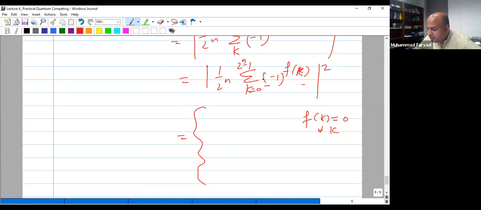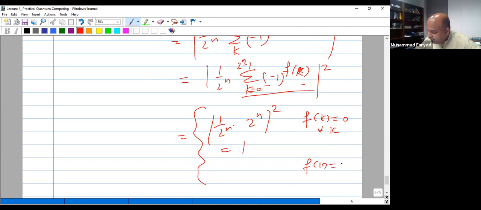So this 1 summed over 2^n times will give us 2^n. Squared, and this cancels, and we get 1. So if f(k) is 0, this sum gives me 2^n, this cancels, and I get probability 1. Let's talk about another case.